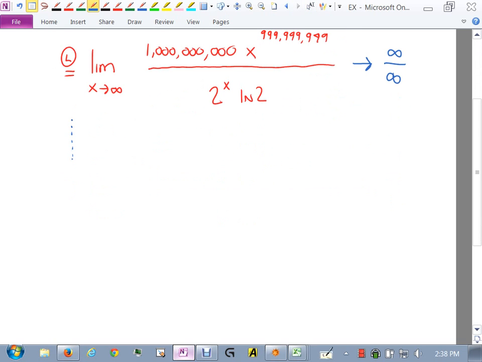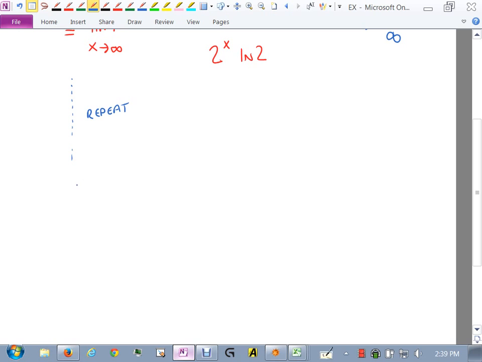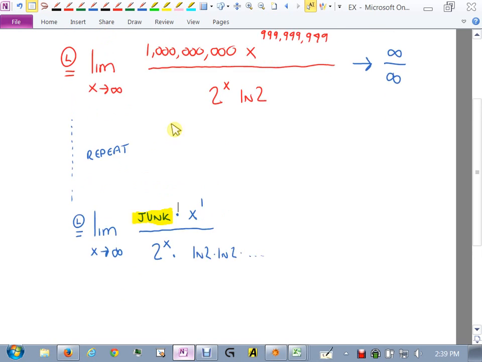So with repetition, repeat this until you get to this: the limit as x goes to infinity, a bunch of junk sitting in front of x to the first power, all over 2 to the x times a bunch of natural log of 2's. Everyone understand that this junk out here is just a number? It was like that 1 billion that came down.